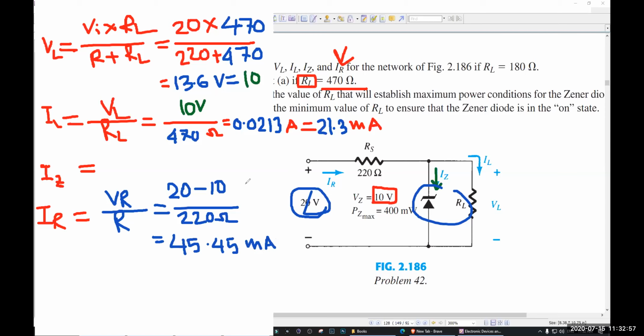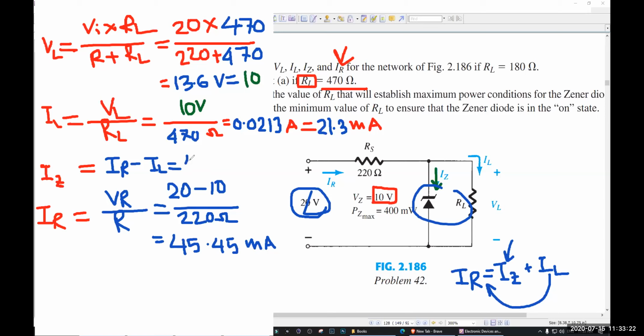Now get back here, because according to the formula we know IR is equal to IZ plus IL. So we can take IL to the other side as a subtraction: IZ is equal to IR minus IL.